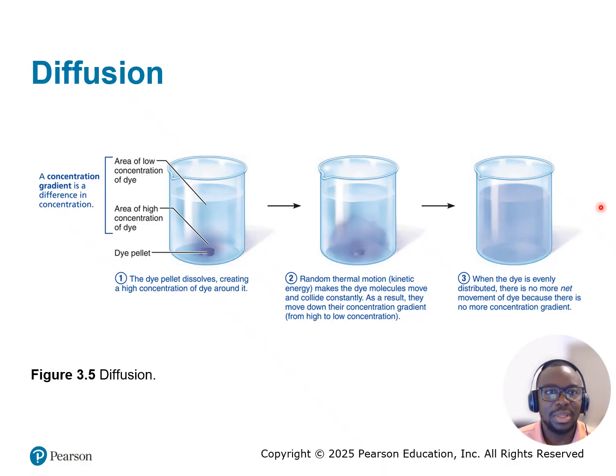As a result, they move down their concentration gradient from a region of high concentration to a region of low concentration. In the third step, the molecules from the pellet have finished diffusing and are equally distributed in the solution. When the dye is evenly distributed, there is no net movement of dye because there is no more concentration gradient.